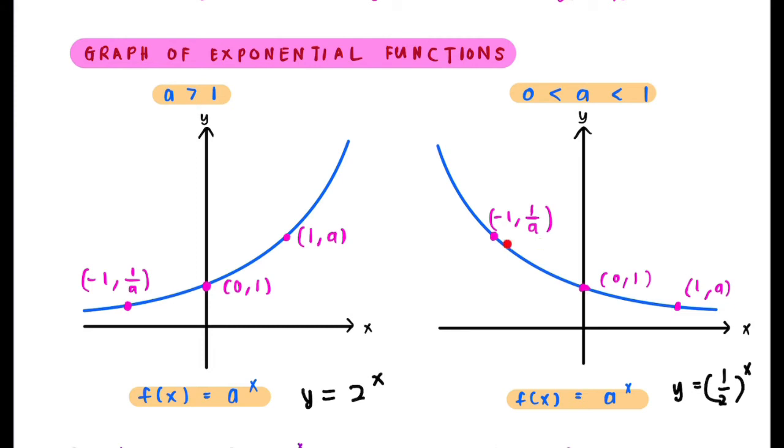So the two points here are based on the base of your equation given, but the compulsory point is always (0, 1). So if you have this type of graph, your a is in between 0 and 1, decreasing graph. If you have a more than 1, you will have an increasing graph.